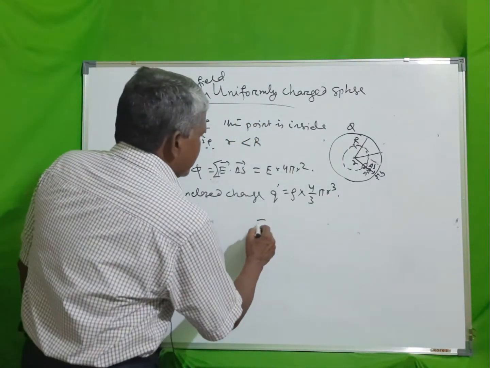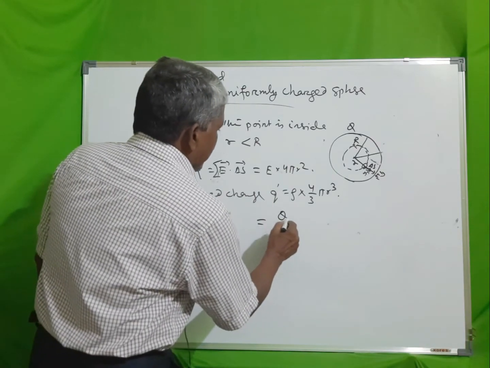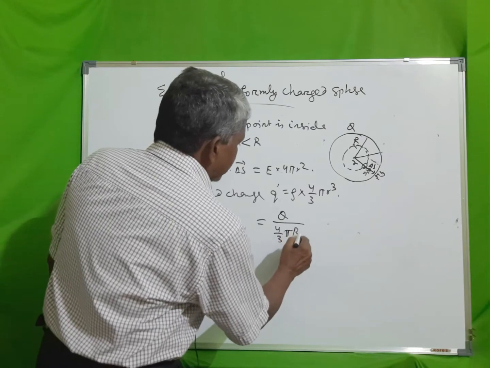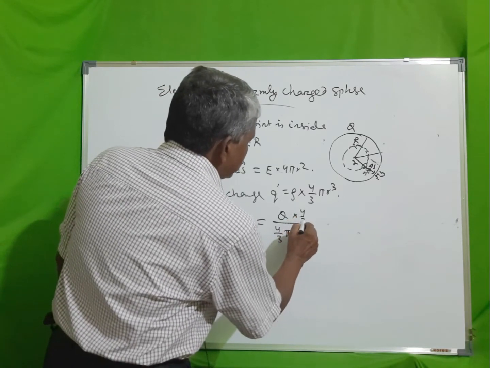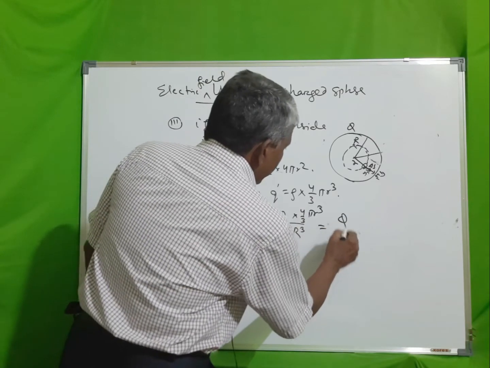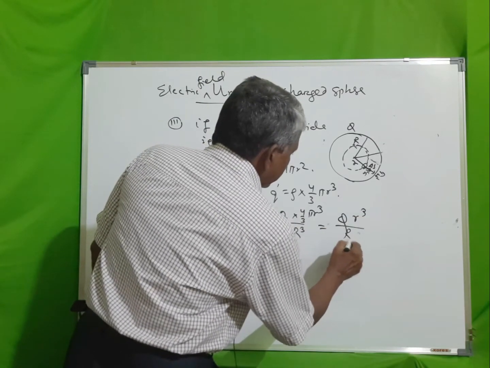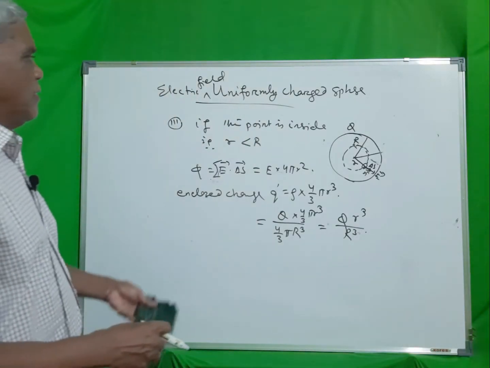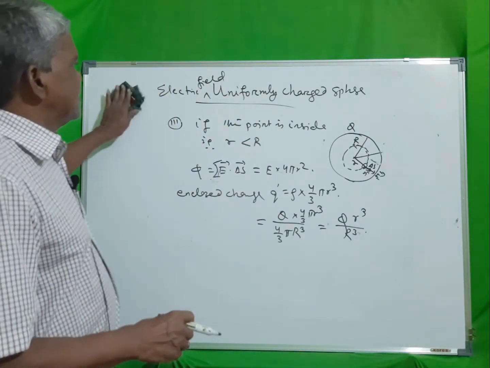Again, rho is equal to total charge by 4 by 3 pi capital R cube. So that is Q into small r cube by capital R cube. This is the enclosed charge for the point inside.